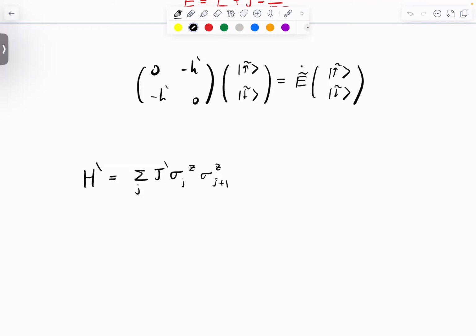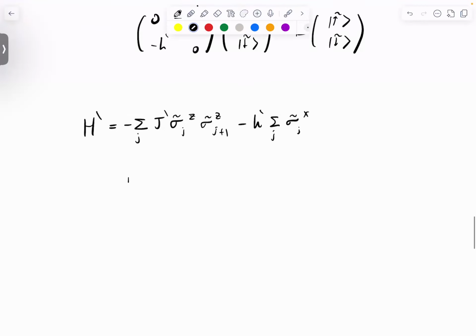Let's imagine that these spins were renormalized. They're like effective spins. And then I have minus H prime, sum over j, sigma X tilde j, where J prime is equal to J and H prime is equal to H squared over J minus E.